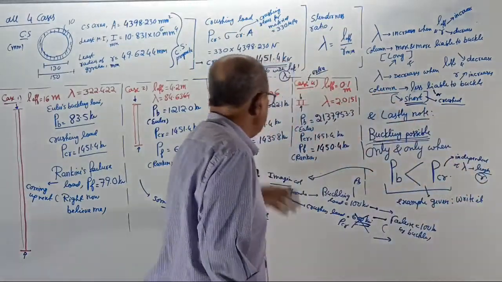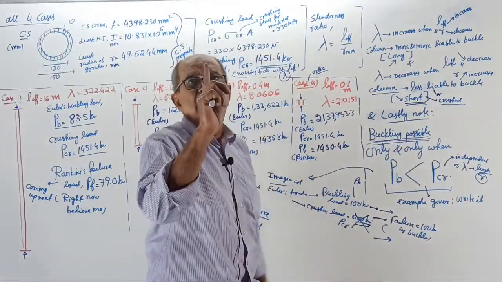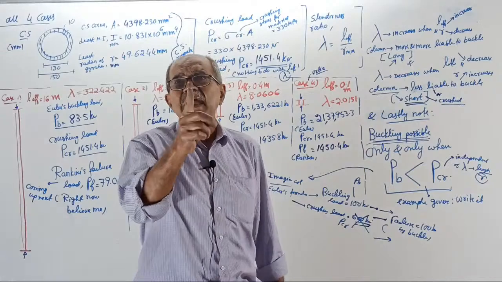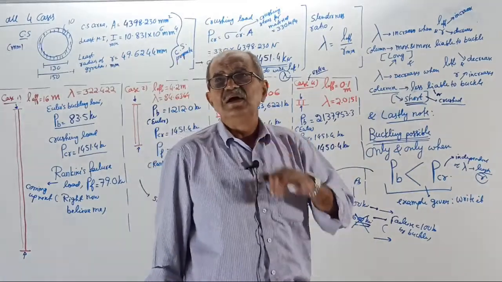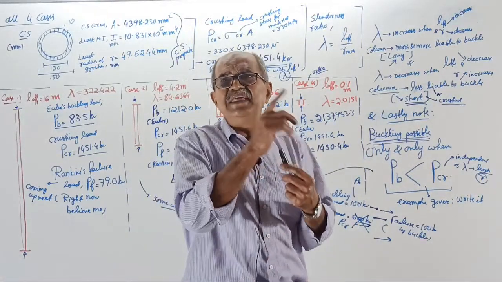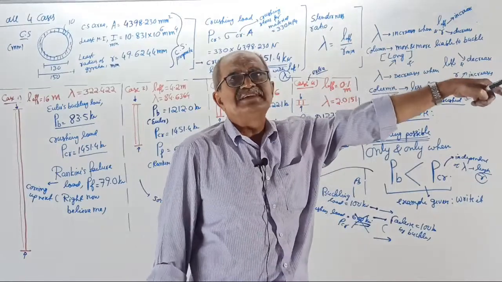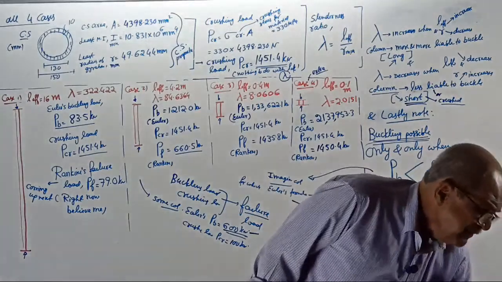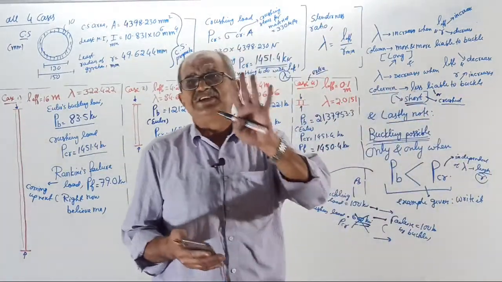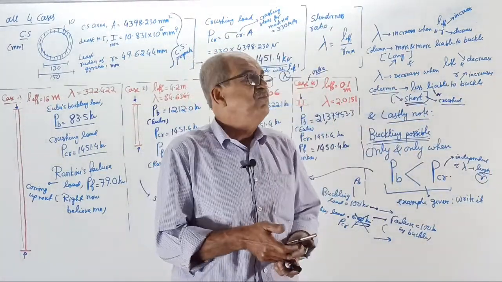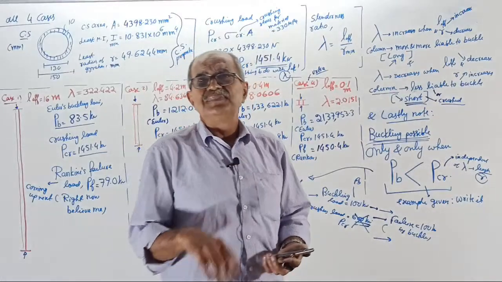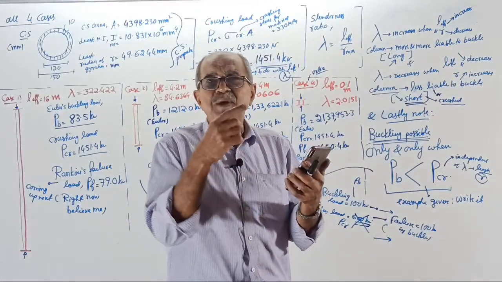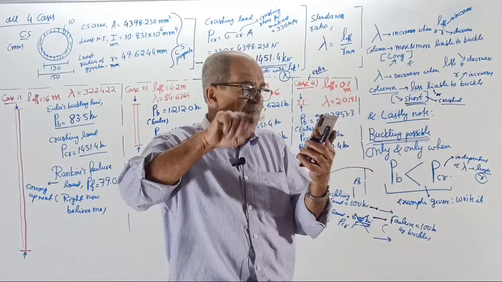Therefore, tell me, a column can buckle only if what? It buckles at a load less than the crushing load or more than the crushing load? There is a chance of buckling only when the buckling load comes before the crushing load or after the crushing load?